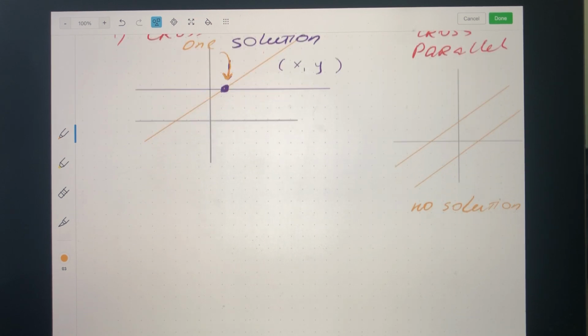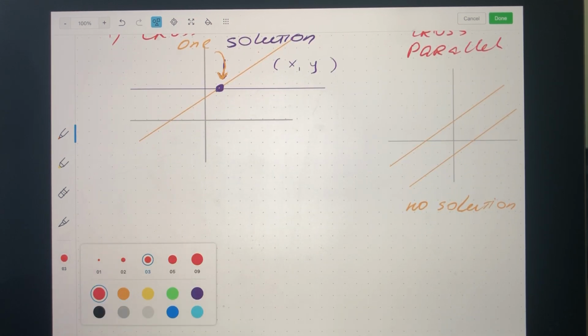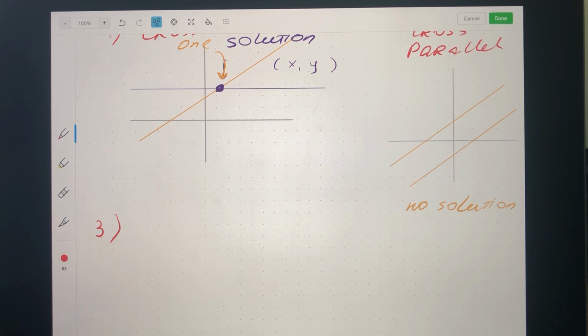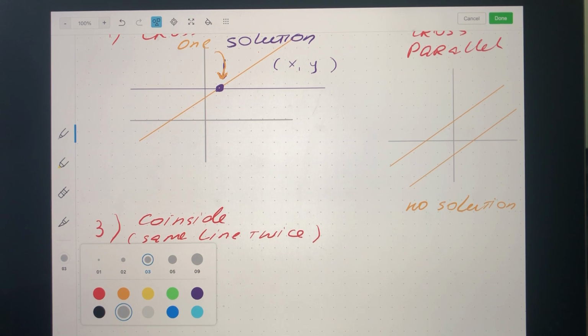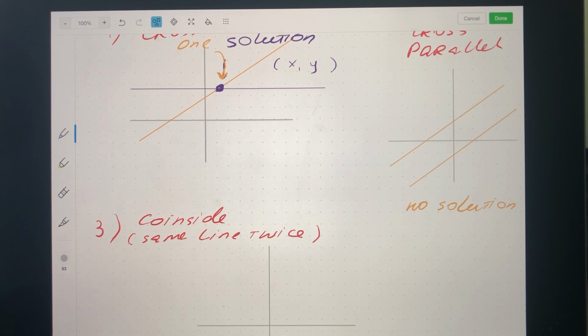And the third possibility is we could actually have the same line given to us twice. So the lines could coincide, or we could say same line twice. On the picture, of course, we're going to see only one line. So here is the diagram.